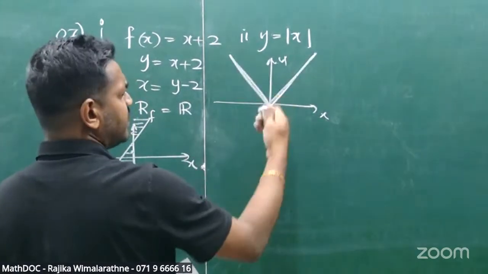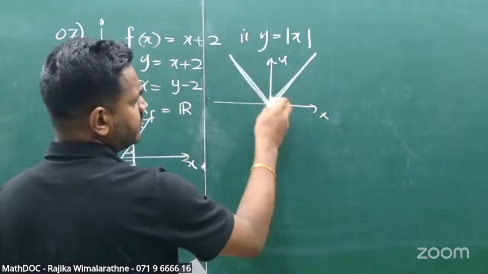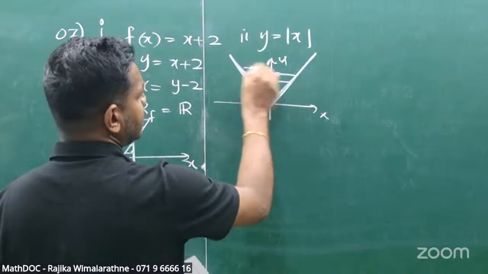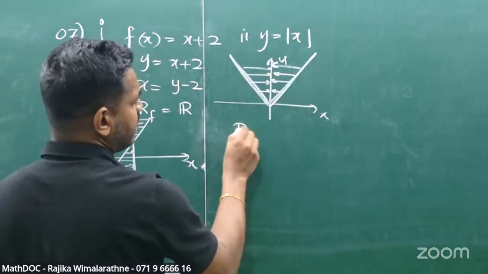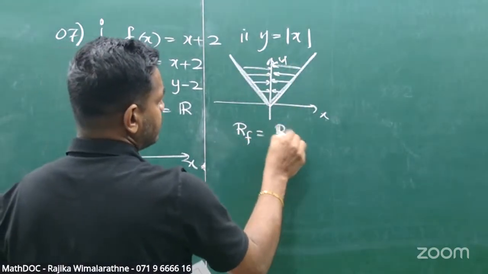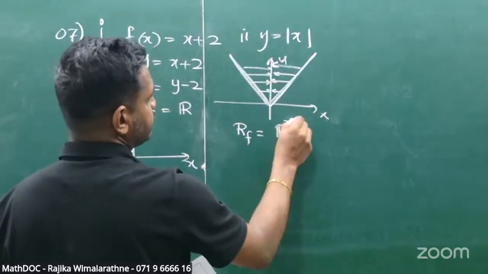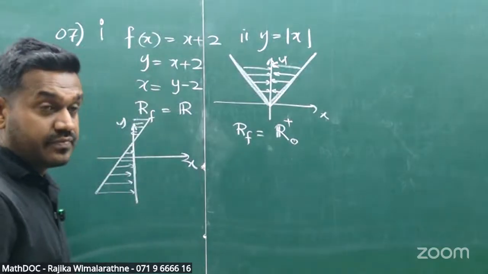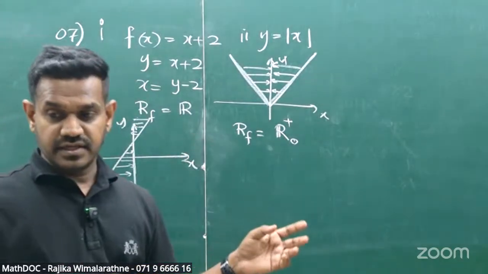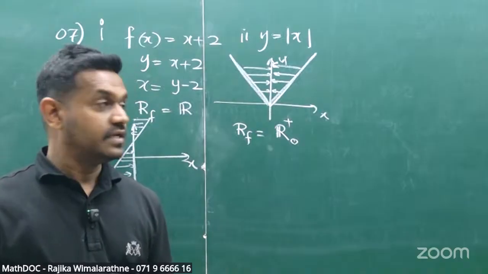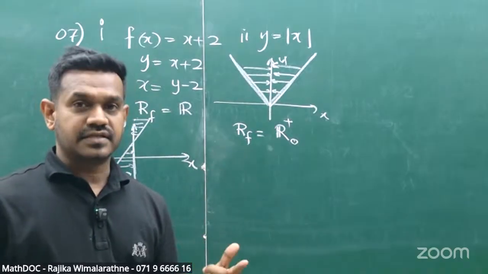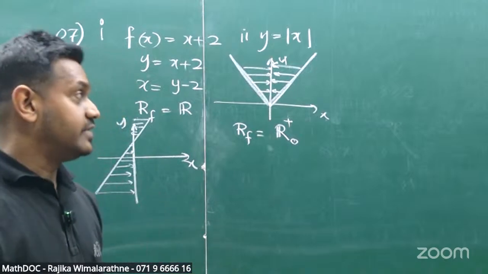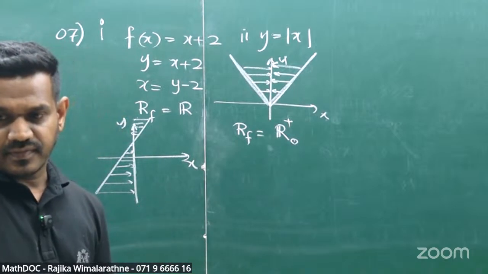Here no negative y values are possible, but all positive y values are possible. Therefore the range is all positive y values, and 0 is again possible. These are important things: you have to think about possible y values. If you can sketch the graph, then sketch it and think about possible y values. That is the range.